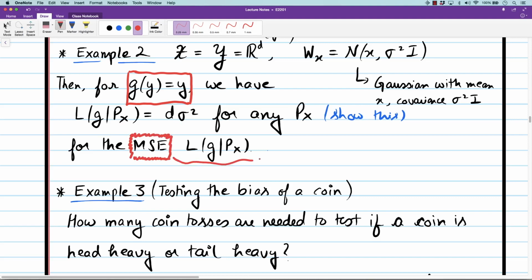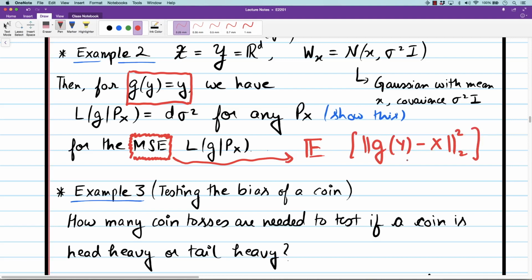So maybe I'll revise it here. What is the loss that we are computing? It's the expected value of the error when I observe y and use it to estimate x by using this function g. So my estimate for x is just g of y. This expectation is over the distribution of x, and then y given x is fixed by this channel.